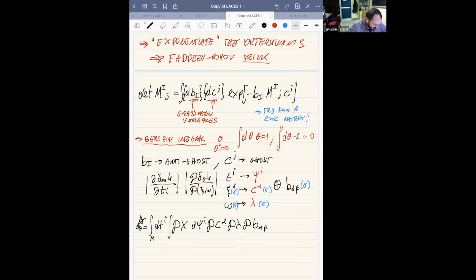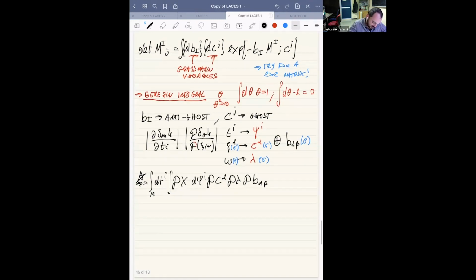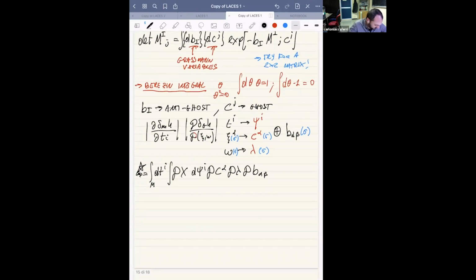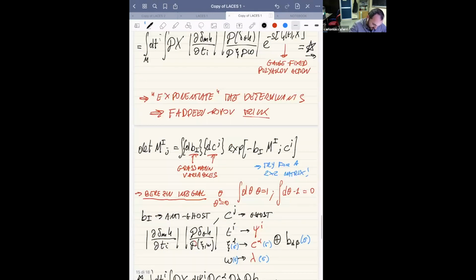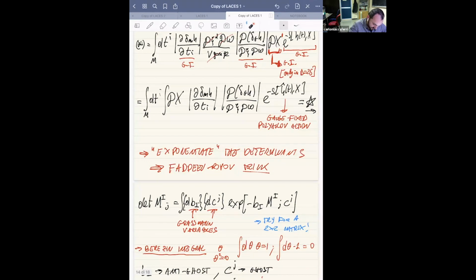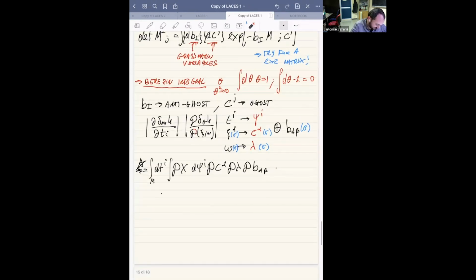So this is the measure, and then let me write on the second floor here the first part of the integrand, which are just these two determinants here, which have now been exponentiated.